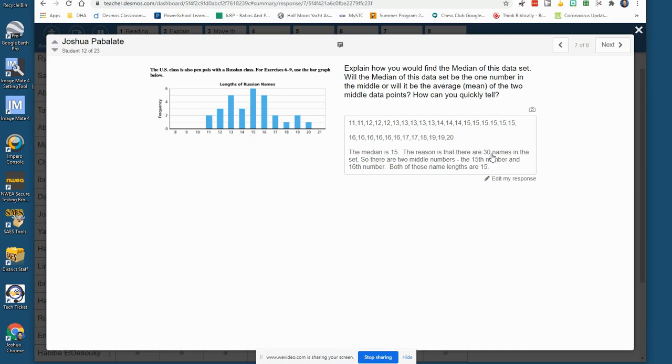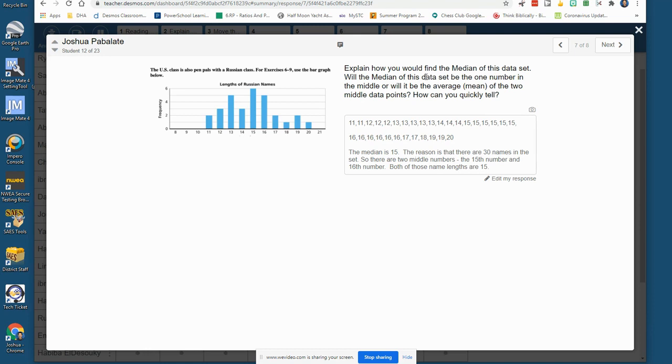If there were 31, I would only have one number in the middle, the 16th one, with 15 on one side and 15 on the other. But that's not the case here, so there's no true middle. There are two numbers in the middle, the 15th and the 16th. Once again, the pattern we've seen is you just cut that number in half. So 30 cut in half is 15, and I take the 15th and the next one.